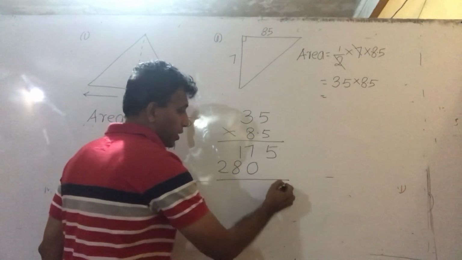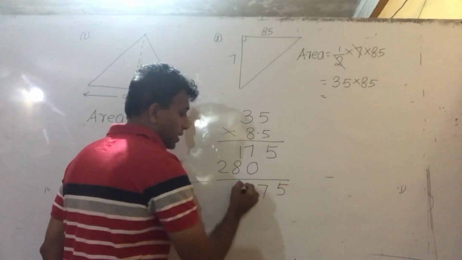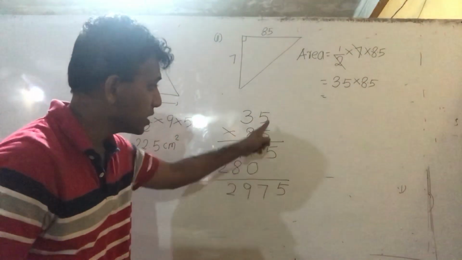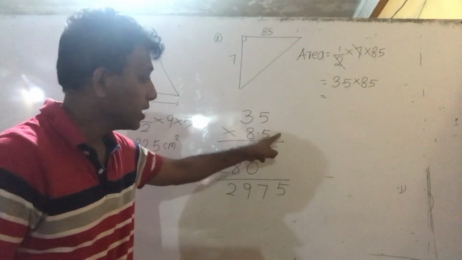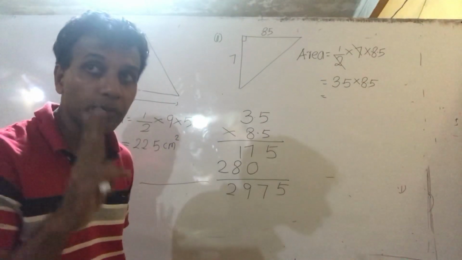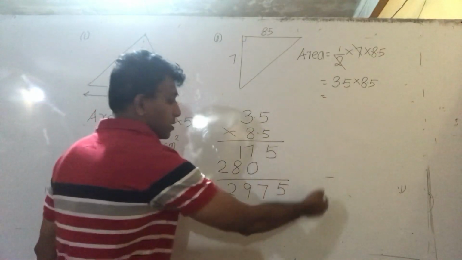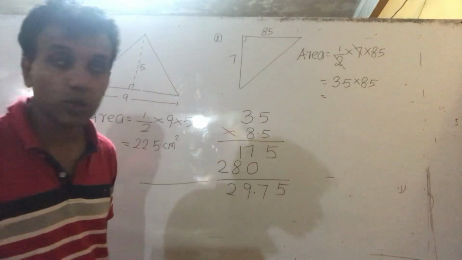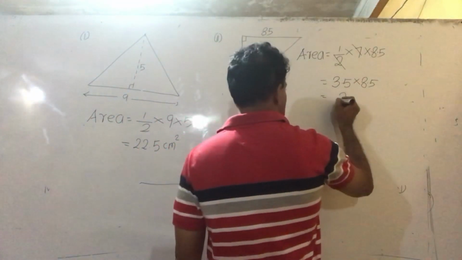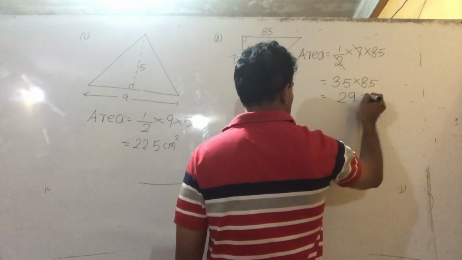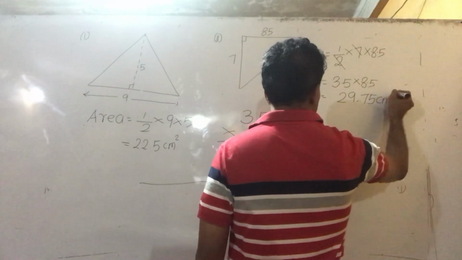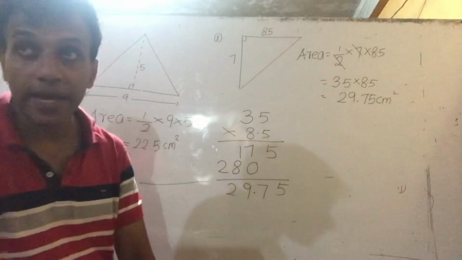Now sum: 5, 7, 9, 2. Now count the decimals from the back. Here one decimal place, here another one, totally 2 decimal places from the back. So 29.75 cm square is the area of the second diagram, okay?